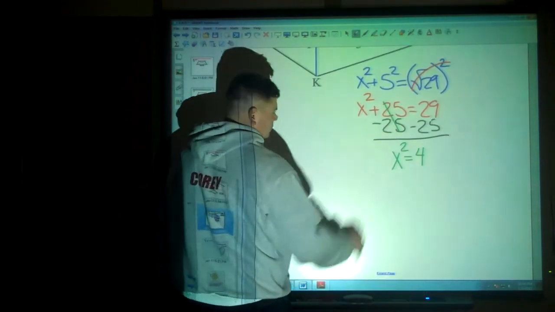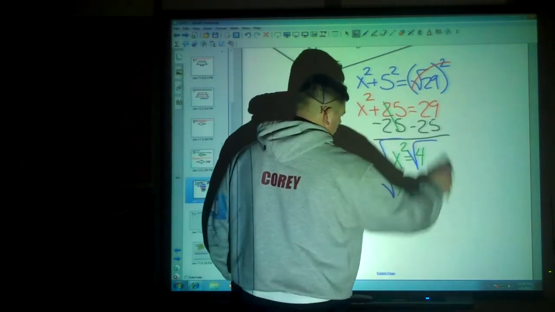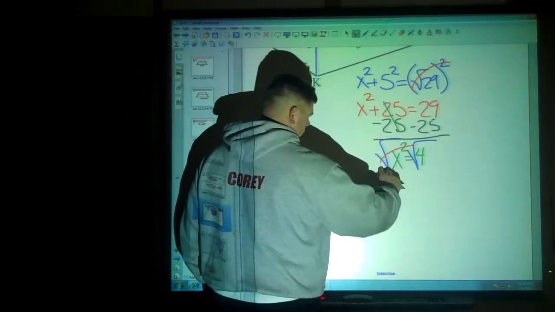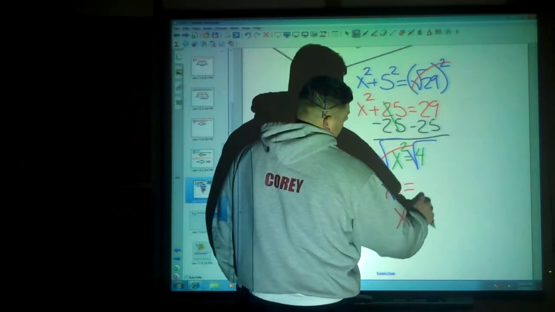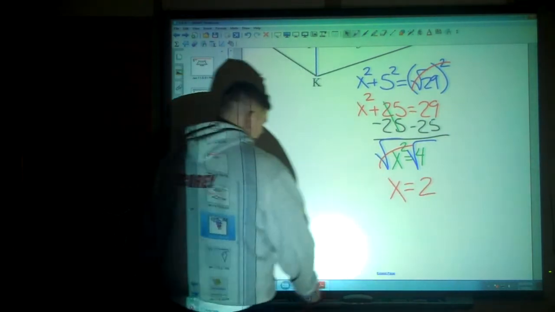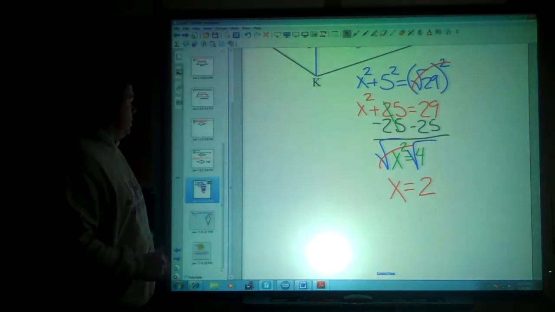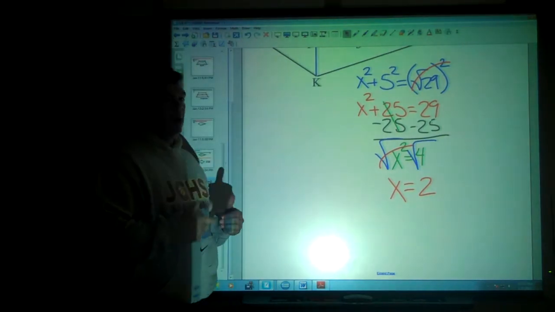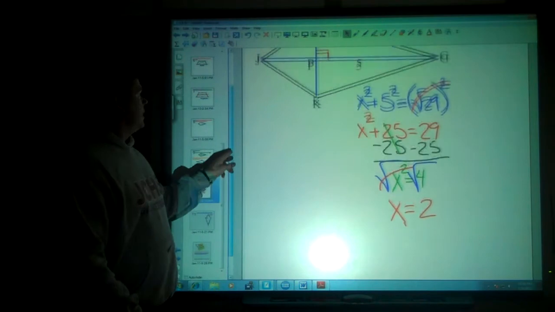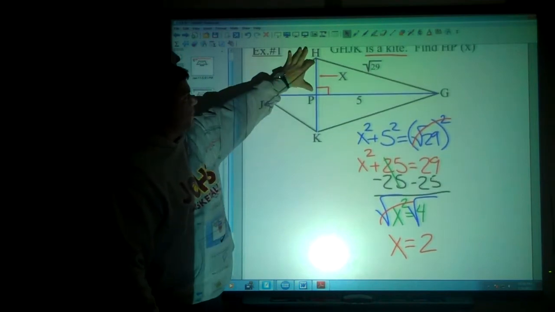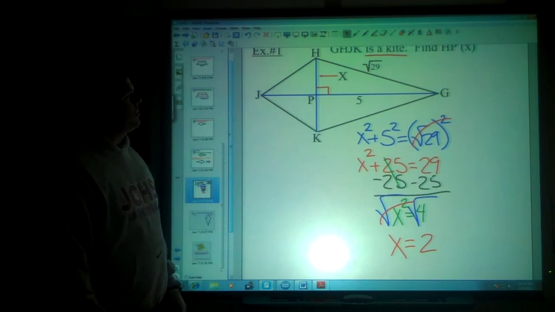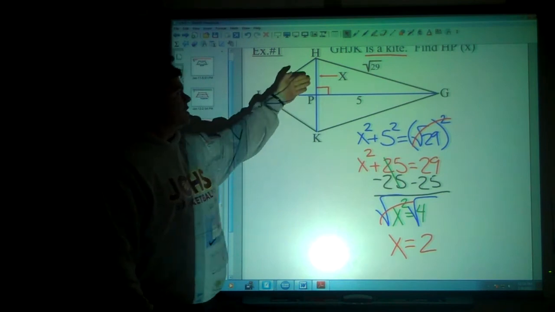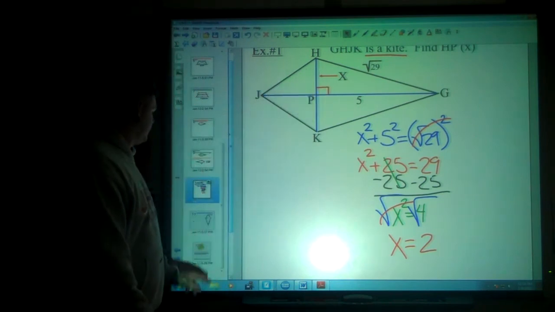And to solve, take the square root; the square and the square root cancel out, and x is equal to 2. In reality, it's plus or minus 2, but in this case, it doesn't seem very logical to have a negative 2 measurement right here. So that's the value for x. That's the length of x in order for it to be a kite. Now, if x is something else, then it's not going to be a kite.